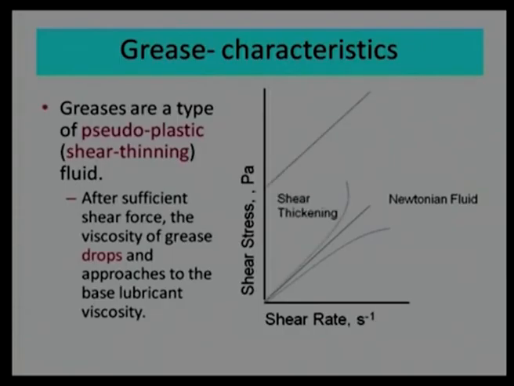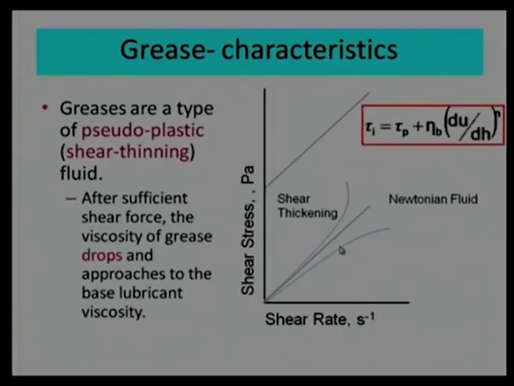In other words, grease gives some resistance initially, it does not move, and shear rate will not be developed at all. That means initially a shear stress will be there, and after that it can show some sort of Newtonian or non-Newtonian or shear thinning behavior, so we can add this tau 0 in this component.